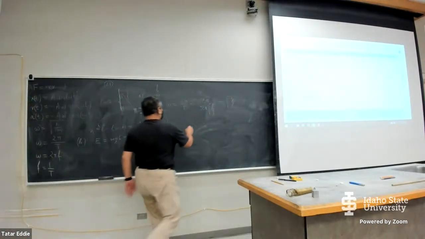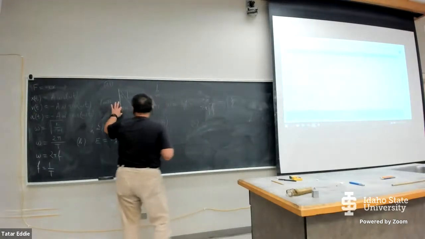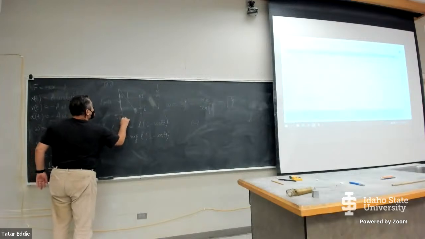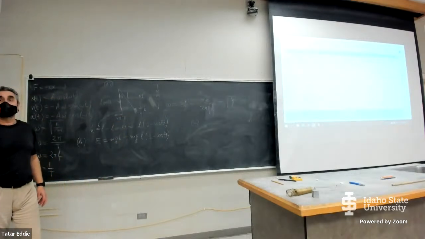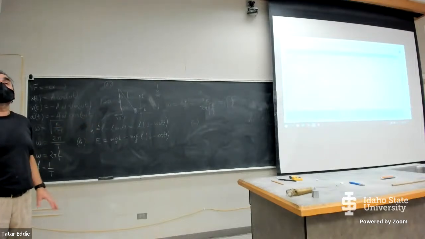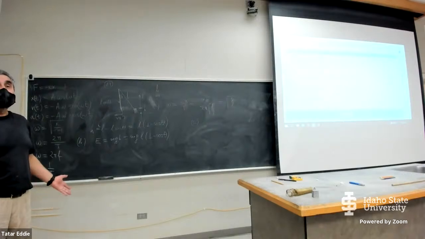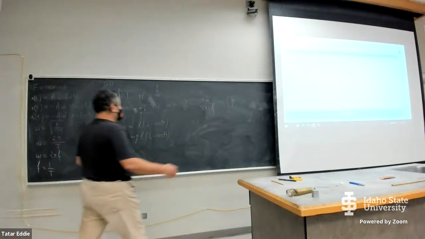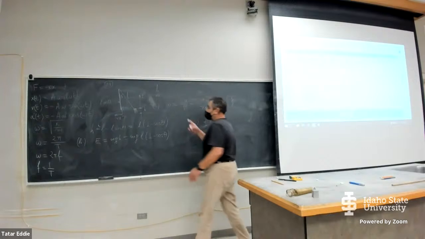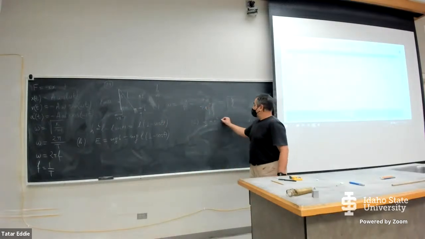And for part C, they're asking, what is the speed of the object when it goes through this point? Well, at this point, we said all of that energy is transformed into kinetic energy. So you have kinetic energy, 1/2 mv squared, at that particular point.